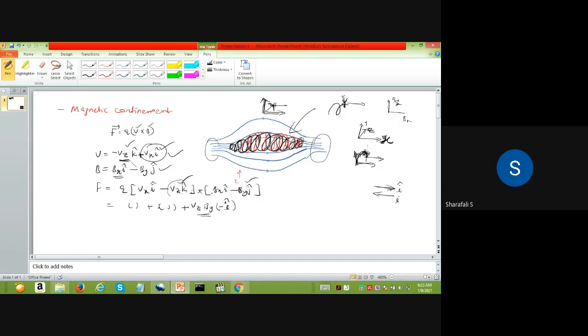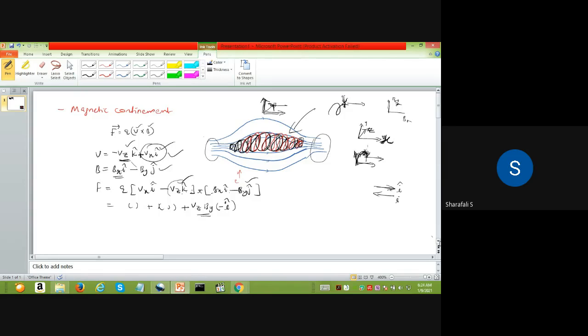Then when it reaches this end, it will again reflect back. So because of this magnetic field arrangement, the ion as well as the electron will be confined in this range. This is the basic of magnetic confinement.